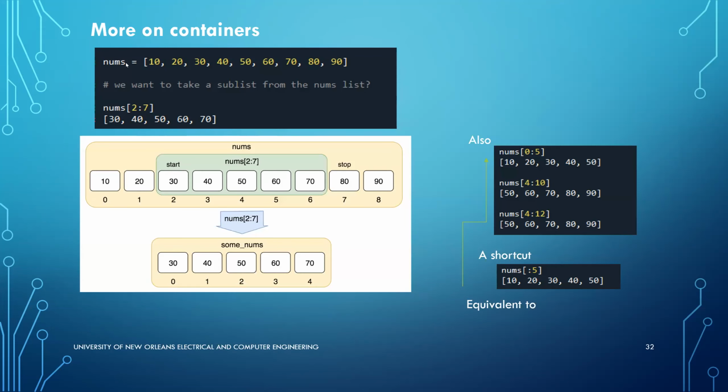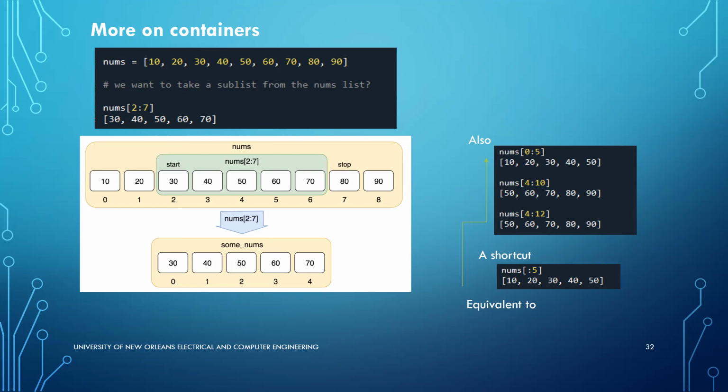So for example, I'm going to be using this list called nums in several of the examples in this lesson. So we're going to keep referring back to this list several times just to make things easier to understand. So we want to take a sub list from this nums list. What do we do?